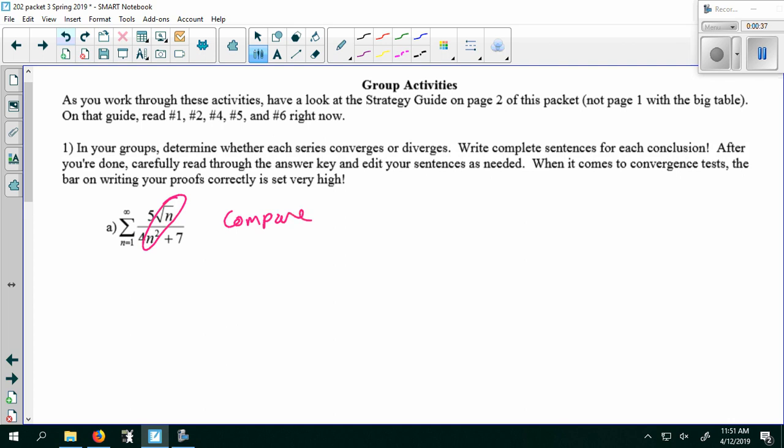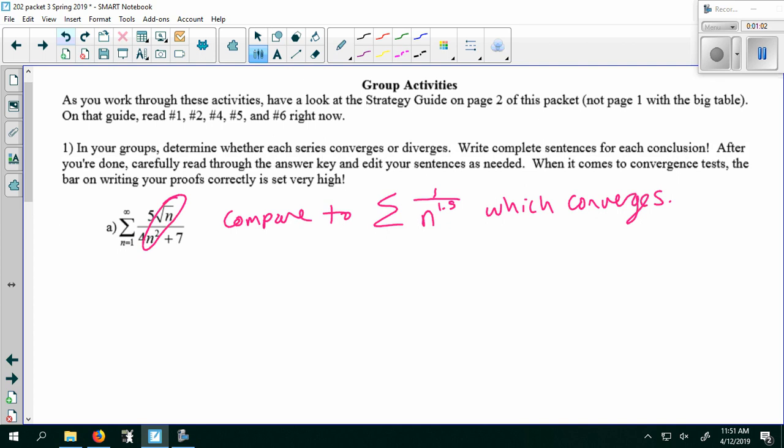So I want to compare to the sum of root n over n squared, which is going to reduce to n to the 0.5 over n squared, 1 over n to the 1.5, which converges because it's a p-series with p bigger than 1.